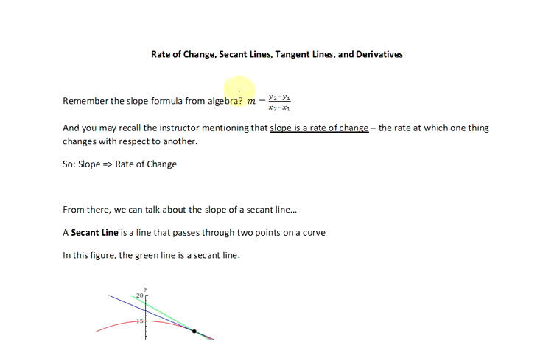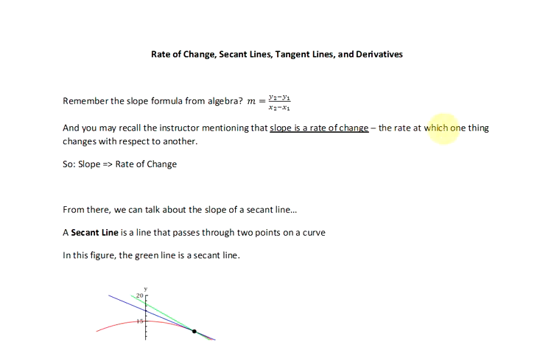You should remember this from algebra. The slope formula is m equals y2 minus y1 all over x2 minus x1, where x1 and y1 and x2 and y2 are points on the line. And you might remember the instructor mentioning that slope is a rate of change. In other words, the rate at which one thing changes with respect to another.